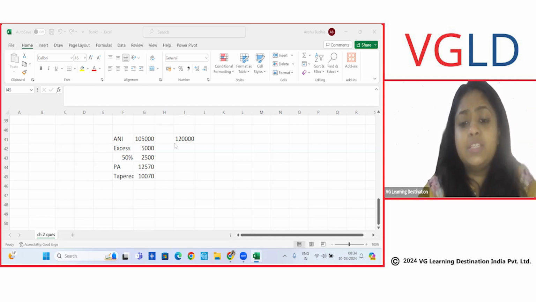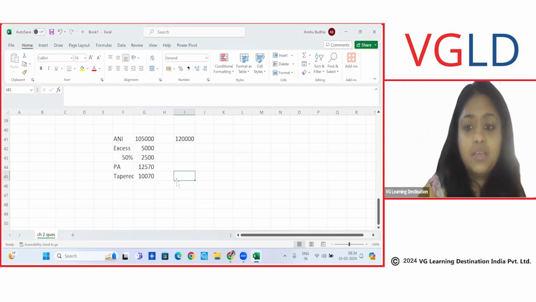I'm just giving you 30 seconds more. Ashna and Kritika, give me the correct answer. What is the tapered PA? Seems correct. So I believe that 2,570 is the answer.